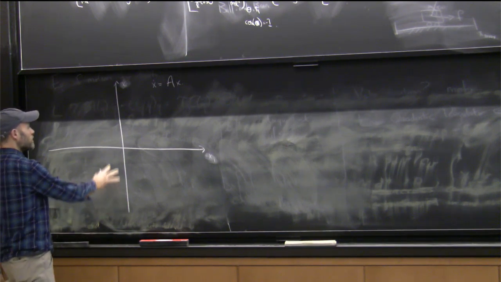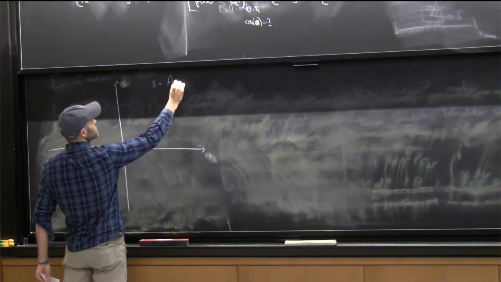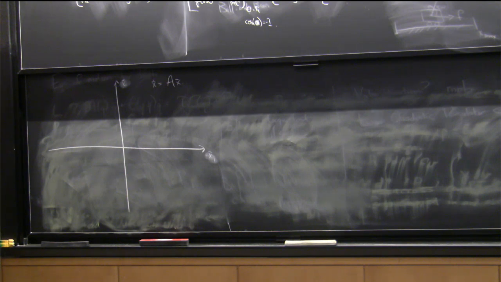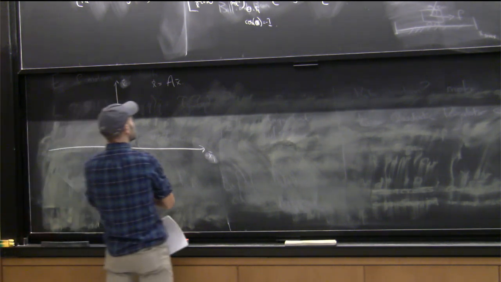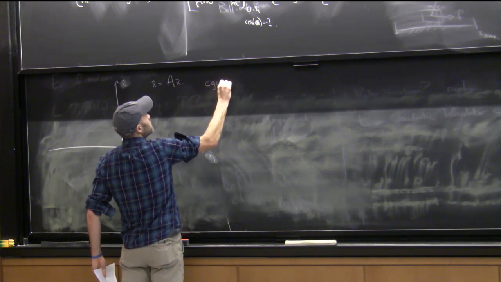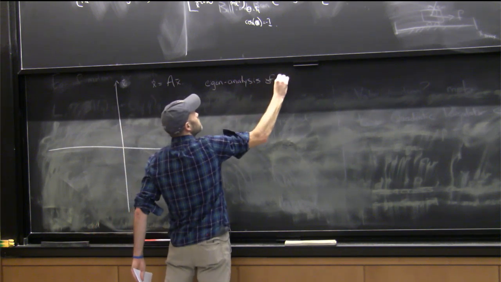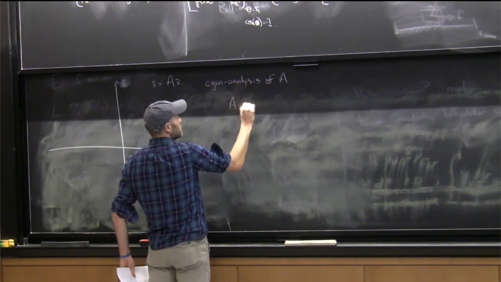Then how do I draw the phase portrait for this? And I'm doing this even in the error coordinates, right? To have my linear system. Well, the key to drawing the vector field here is to understand the eigenvectors and eigenvalues of A. Okay? So, right, I'll just do it super quick.